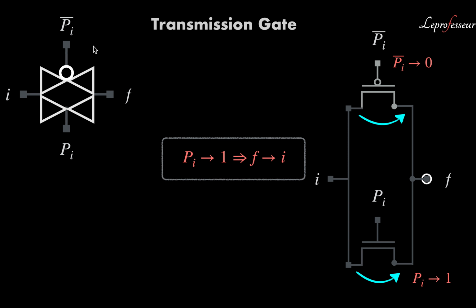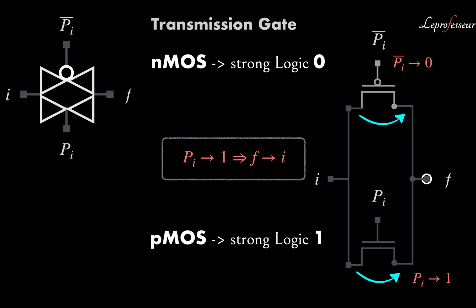This is one of the symbols of the transmission gate, as you might have seen in the textbooks: two triangles with a circle. The upper one in my picture is PMOS, and the lower one is NMOS. We already know we use NMOS for driving the stronger logic 0, and PMOS for driving the stronger logic 1 level.